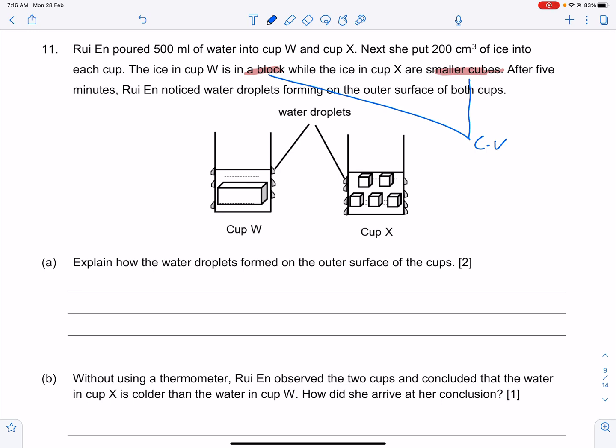Then after that, they asked you how water droplets formed on the outer surface of a cup. Remember, I said earlier in many of my explanations, when you see water droplets forming on a surface, it means that condensation has happened, and the part where you find your water droplets is where you have your cooler surface.